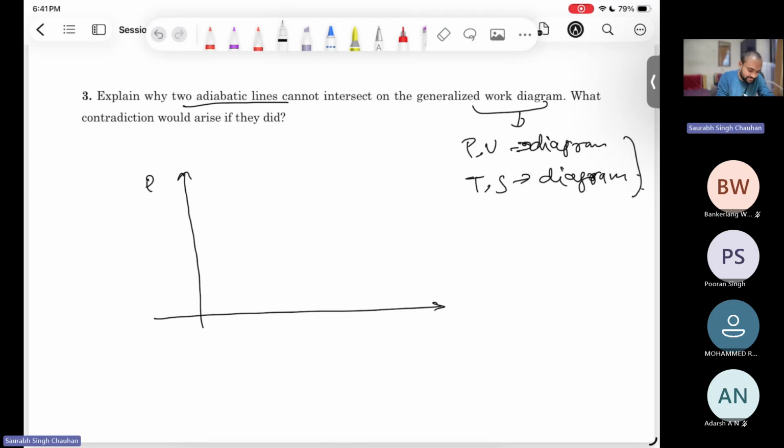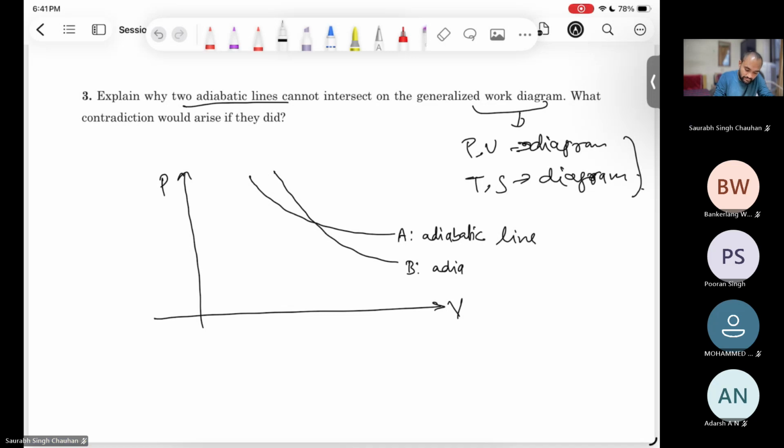For example, this is a PV diagram, and this is, let us say, one adiabatic path. This is an adiabatic line. And if I draw another line B and I say that line B is also adiabatic, is it possible?